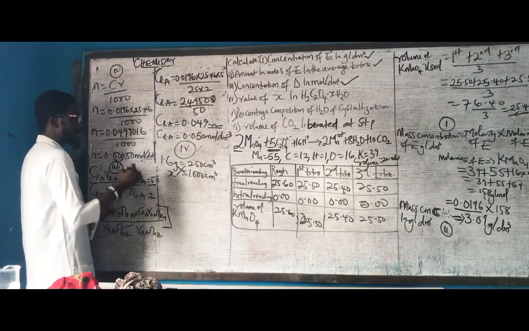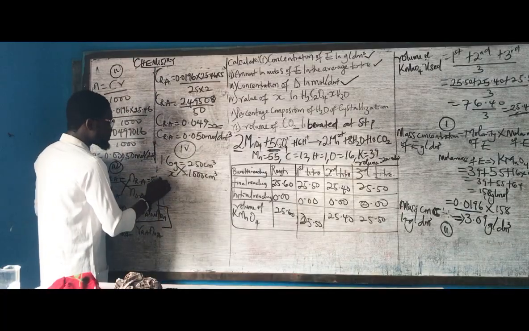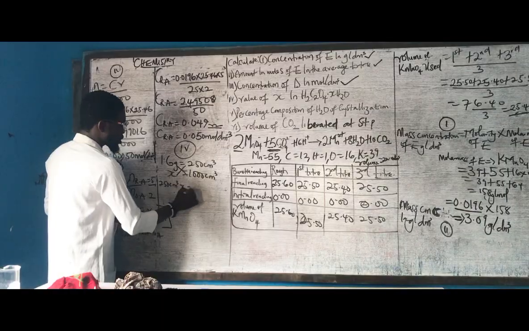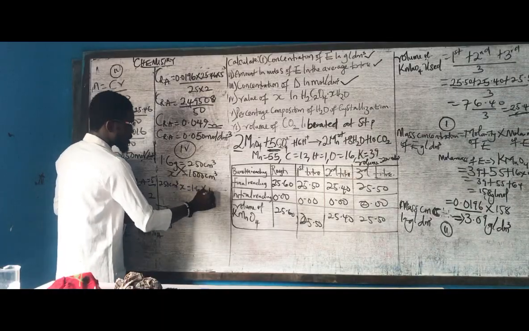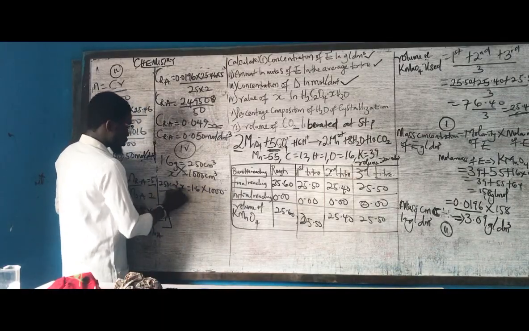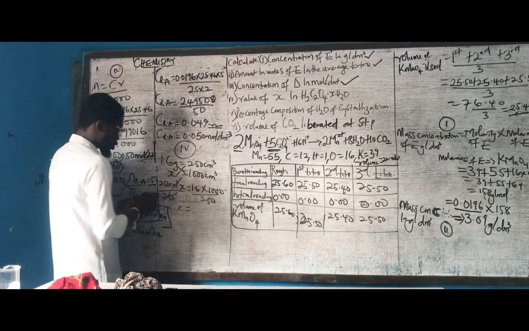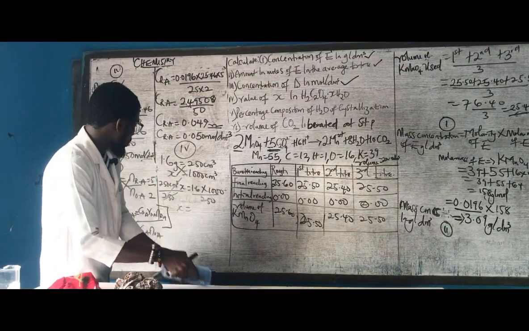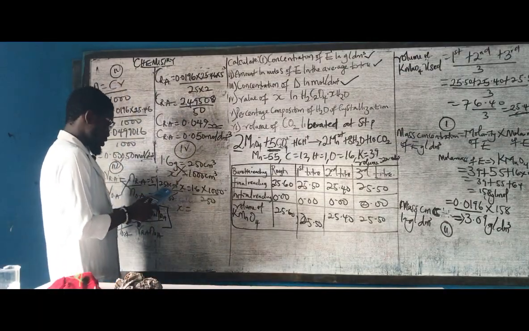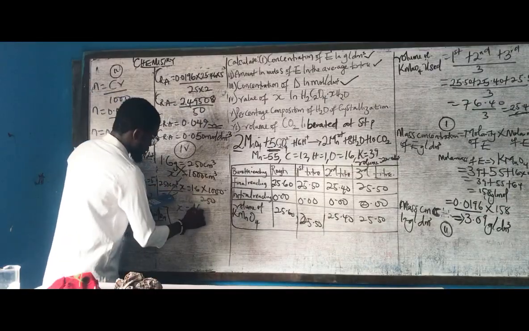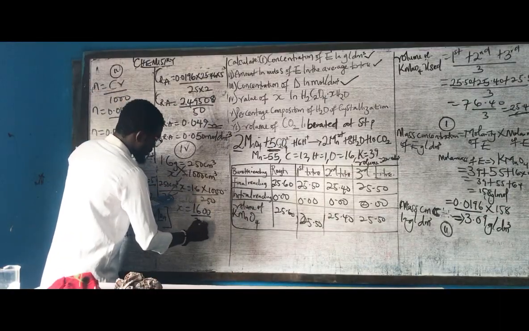When you cross multiply, you have 250 cm cube of x is equal to 1.6 times 1000. When we divide both sides by 250, X is equal to 1.6 times 1000, which is 1600 divided by 250.